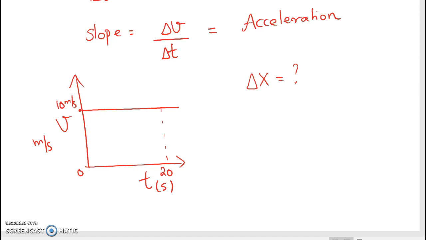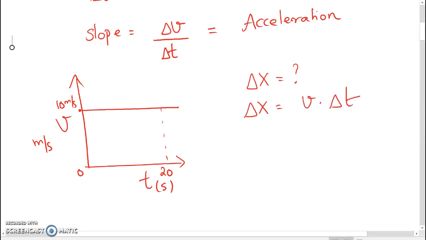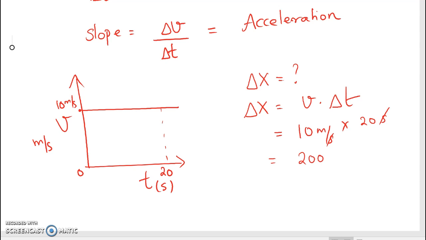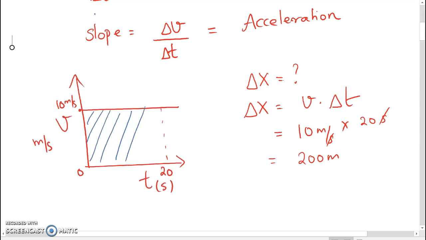We know that if the velocity stays constant, displacement is just velocity times time. So in this case, the velocity is 10 meters per second times 20 seconds, which is equal to 200 meters. But notice that I could have done this also as simply the area under the plot.